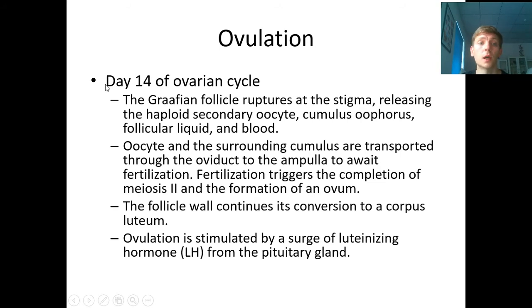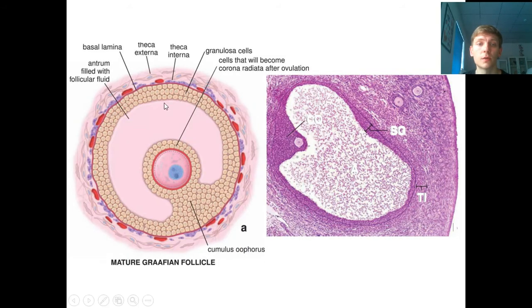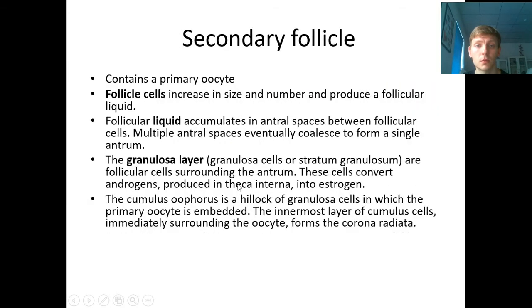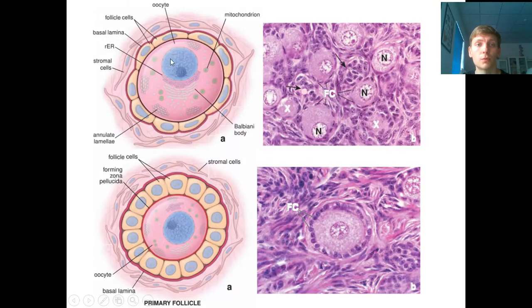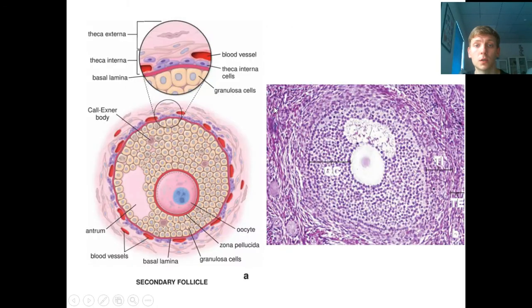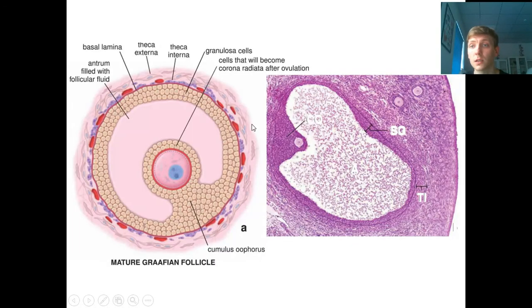Ovulation happens almost all the time at day 14 of the ovarian cycle, almost every time. This process of maturation from primordial follicle till Graafian follicle lasts for 14 days, and very rarely it shifts one day further or one day before, but in most females it's 14 days.